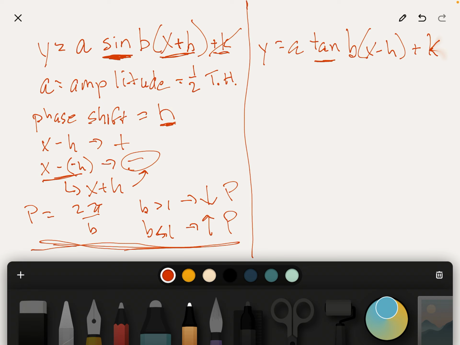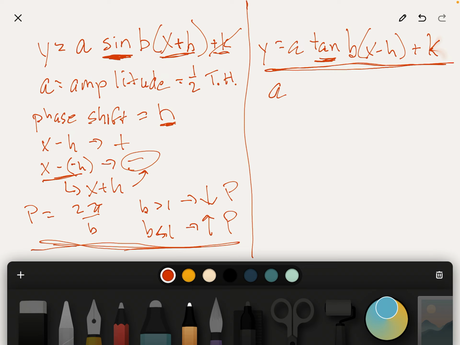So over here with tangents, everything is really the same except A is a little different, because as we pointed out, it doesn't really make sense to talk about the amplitude of a function involving tangent when the solutions approach infinity and negative infinity.